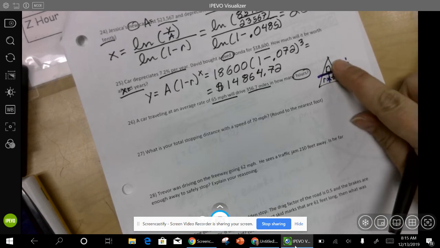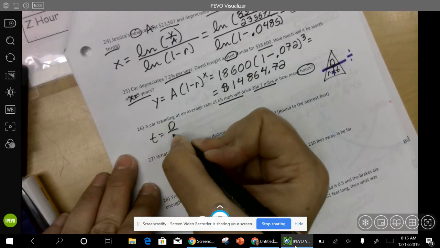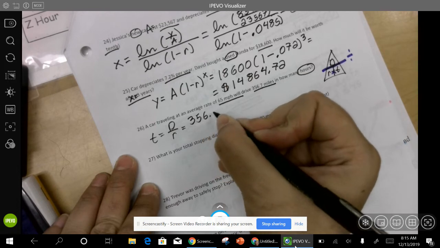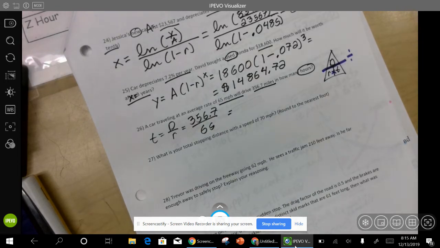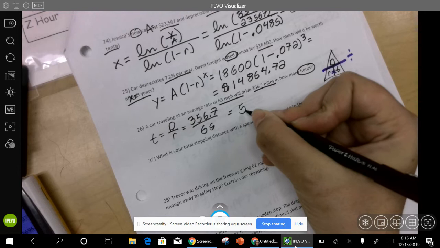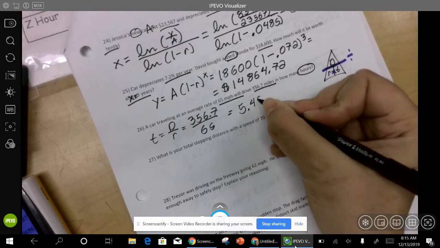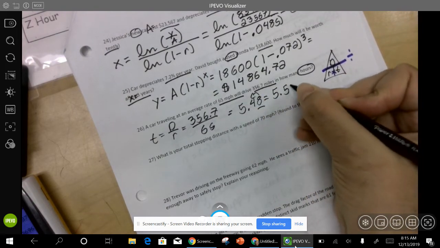So we're going to divide distance by the rate. We're going to put in the distance. Okay, so that's going to be 5.48, 5 and up, rounded up, so it's going to be 5.5 hours.